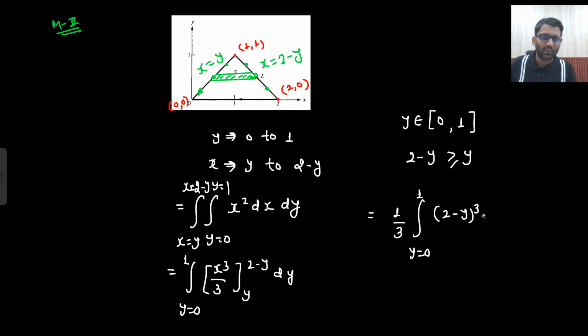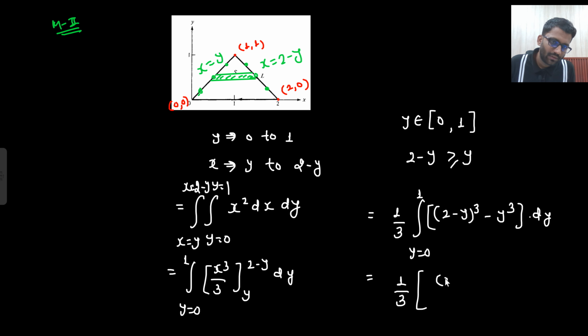So (2 minus y) cube minus y cube, into dy. This is what I am getting. If I solve it, I get 1 by 3 times (2 minus y) to the power 4 by 4, with a negative sign, minus y to the power 4 by 4, and the limit is from 0 to 1.